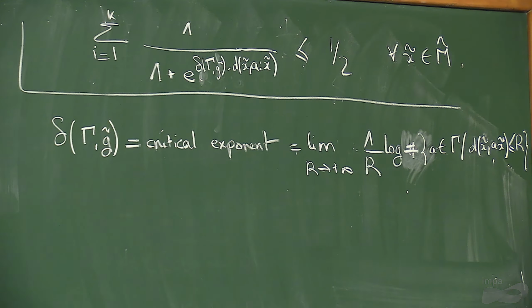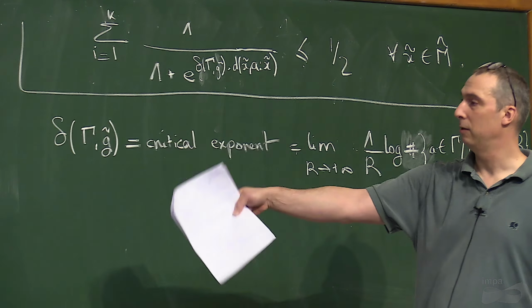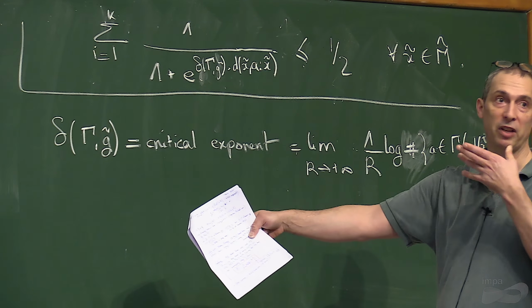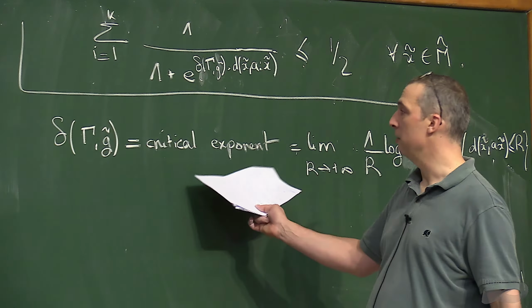So here you are taking one point, and you look at all the elements gamma whose displacement of this point is less than or equal to R. Okay, this is called the critical exponent because there is associated to this subgroup a series, and this is the critical value for which you have convergence or divergence of this series.